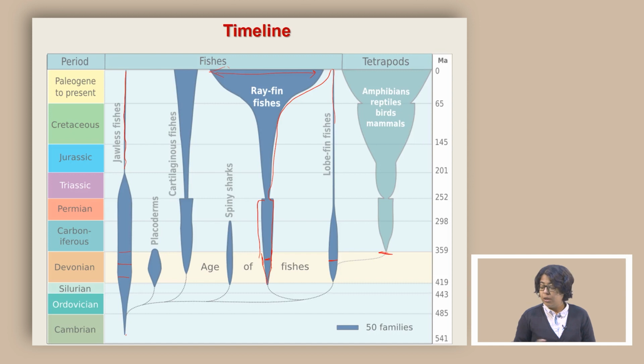So, now if we really want to find the transition between these fishes and the tetrapods, somewhere here, the dotted line, an organism which represents a transitional form from fishes to tetrapods, we have to really understand well, first of all, which kind of rocks we should look for and what kind of organism we are expecting.